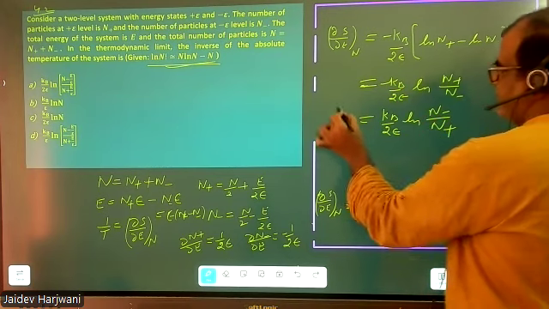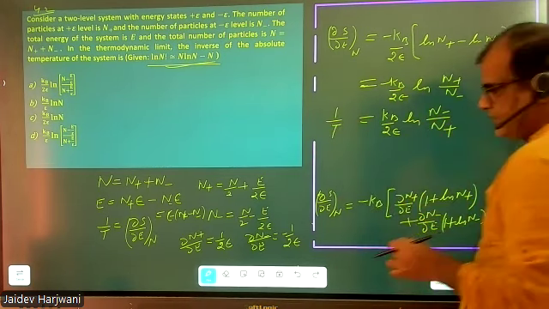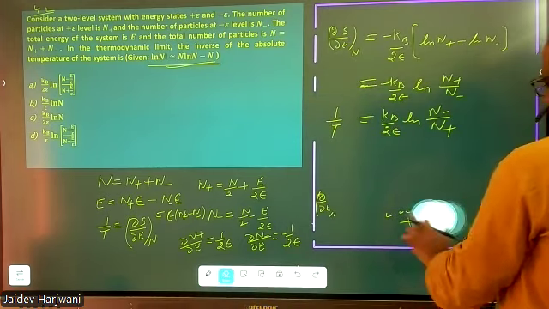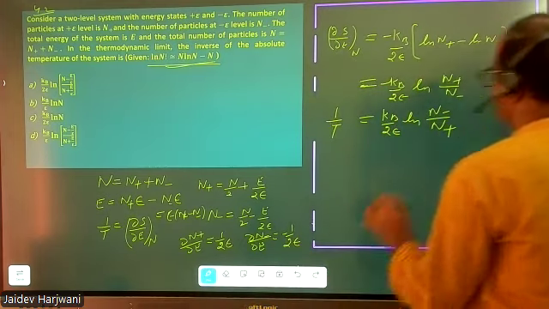Okay, and this is 1 by T, and now you can put the values of n plus n minus value.